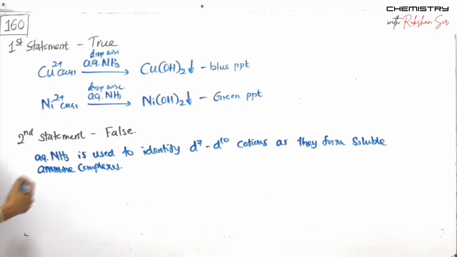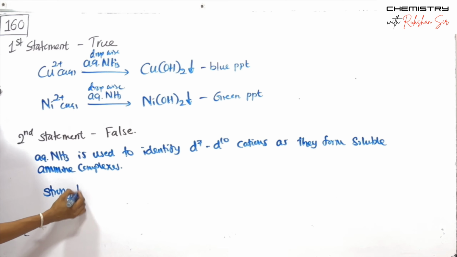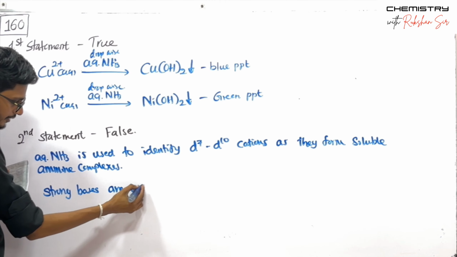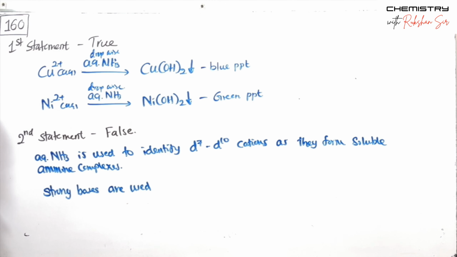To identify the amphoteric situation, you have to use some strong bases. I have written the same remark earlier as well. Strong bases are used. Ammonia is not a strong base, this is just a weak base.